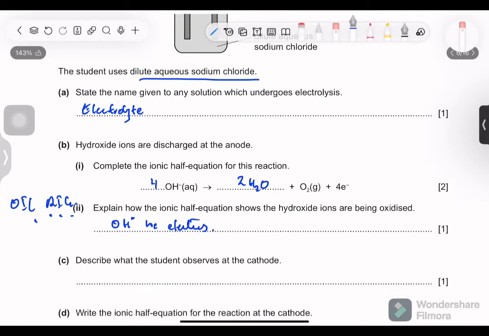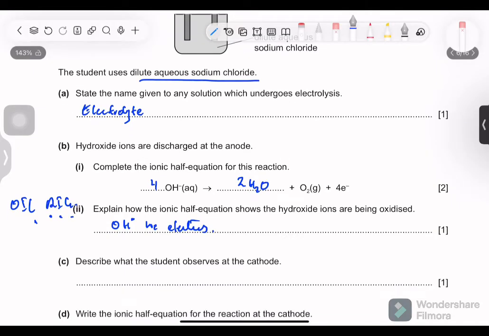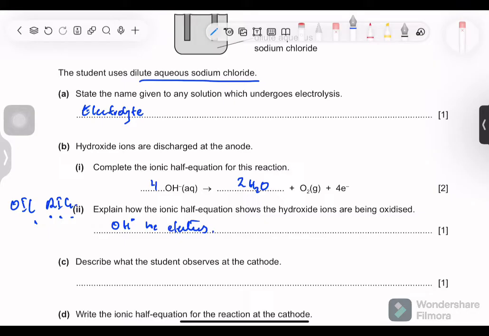Describe what the student observes at the cathode. So at the cathode, only a gas would be seen, and we have to understand the color of the gas.